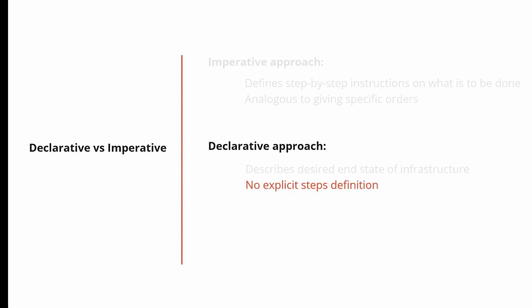In the declarative approach, you don't have any explicit step definitions, unlike in the imperative approach. That is, you define the desired end state of infrastructure you want, and it's the job of the tool that you use, in our case Terraform, to get you that desired end state. And if it cannot get to the desired end state, then it will fail.